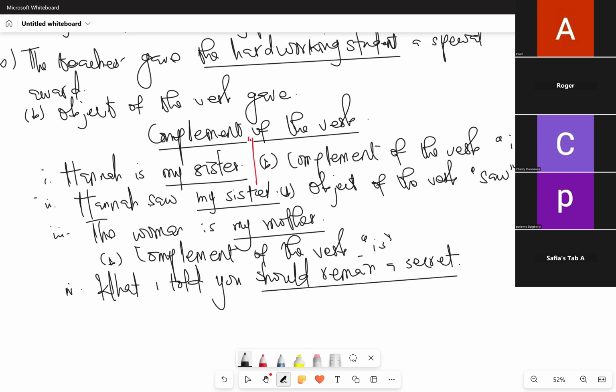Sir, please, complement of the verb. Hold on. I think the underlined words... No, I underlined the wrong words. I wanted to underline a secret. Sorry. A secret. What's the grammatical function?